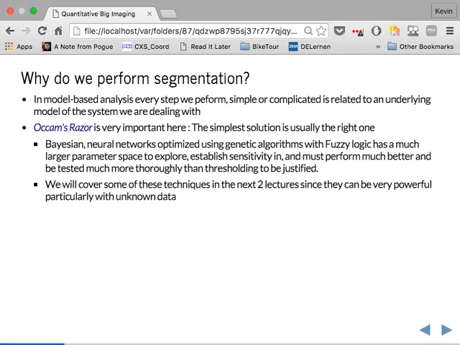One of the things that I think is quite important is this Occam's razor idea, that the simplest solution is usually the right one. You'll see lots of very, very complicated approaches to analyzing problems. You can use genetic algorithms and Bayesian models to segment an image.